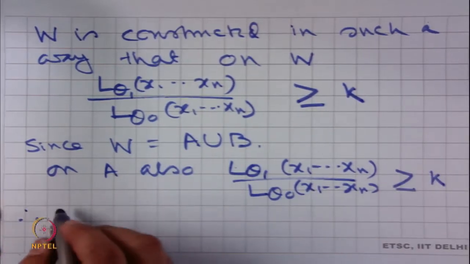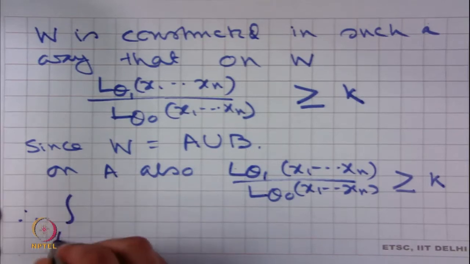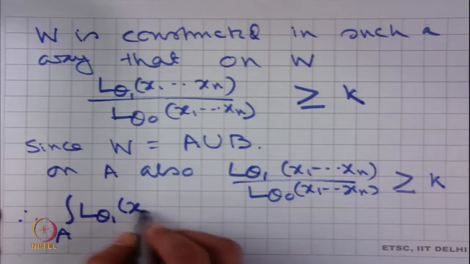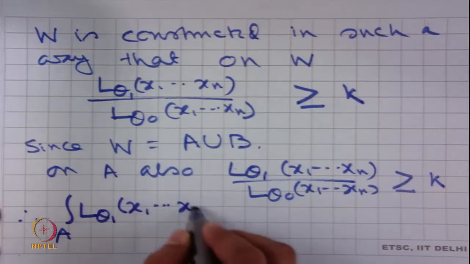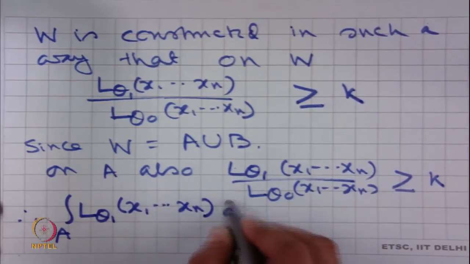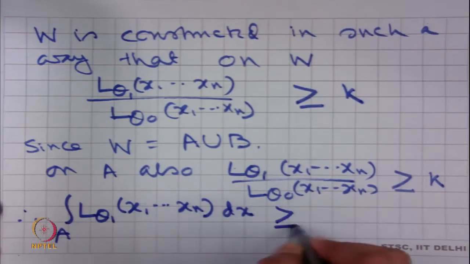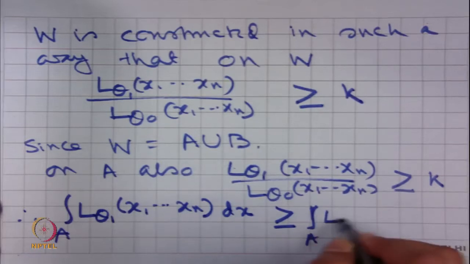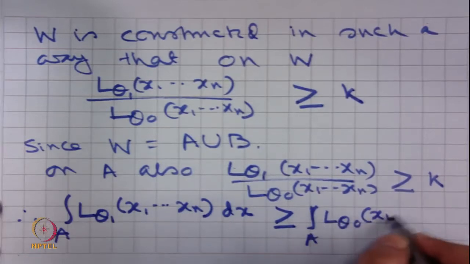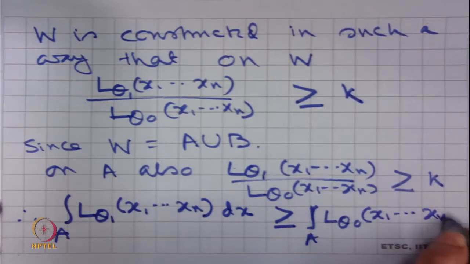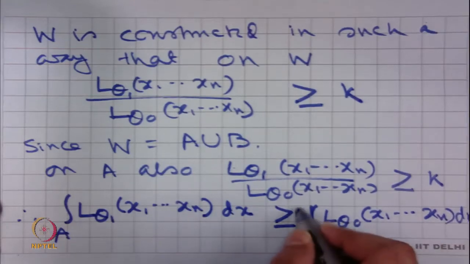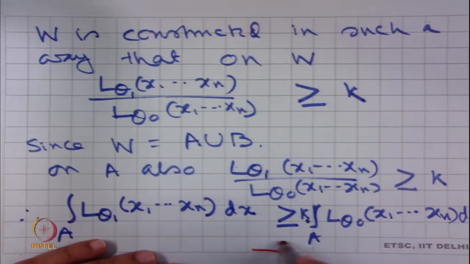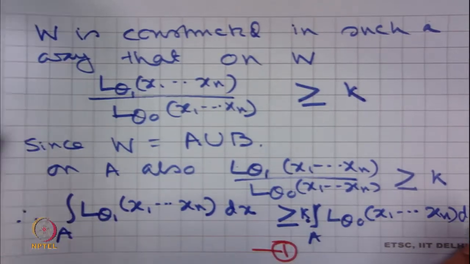Therefore, integration over A of L theta 1 of x 1, x 2, ..., x n dx is greater than or equal to integration over A of L theta 0 of x 1, x 2, ..., x n dx multiplied by k. Let us call it inequality 1.